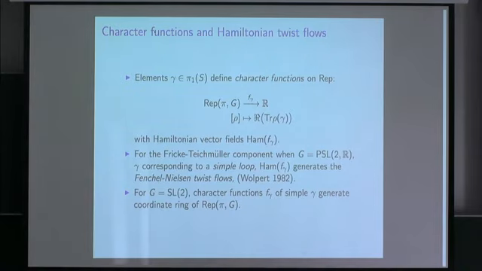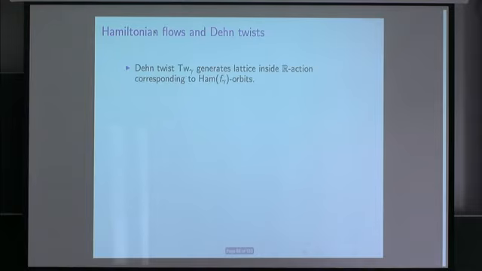There's a piece of commutative algebra that comes in, and that's that you can find simple closed curves on a surface that for SL2R, their character functions generate the coordinate ring. Now, that's one thing you can do with a simple closed curve on a surface, is to look at the twist flows, but you can also look at elements of the mapping class group, namely Dehn twists around them.